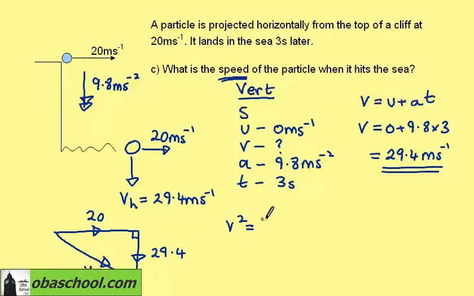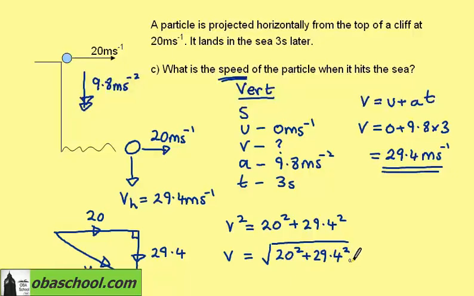So v squared is 20 squared plus 29.4 squared. So v is the square root of this. And this calculates to give us 35.6 meters per second, correct to 3 significant figures.